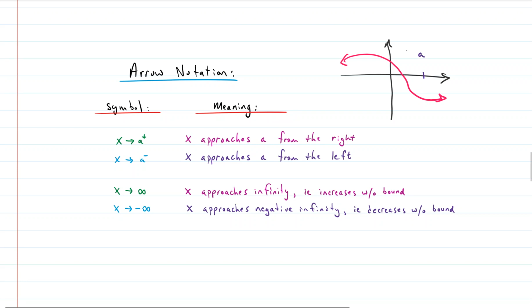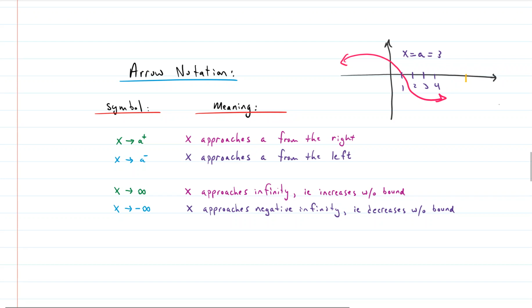We'll call it A, and A happens to also be 3. If I was approaching A, or 3, from the right, then I would be coming from above, to the right of A. So I would be out here. Maybe I should make the x-axis a little bit larger so you can actually see what I'm talking about.